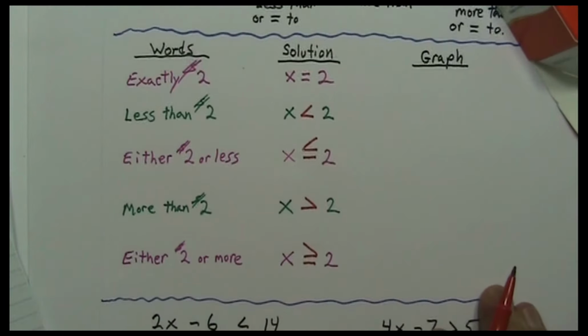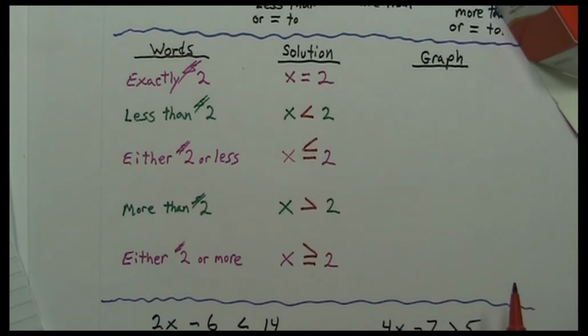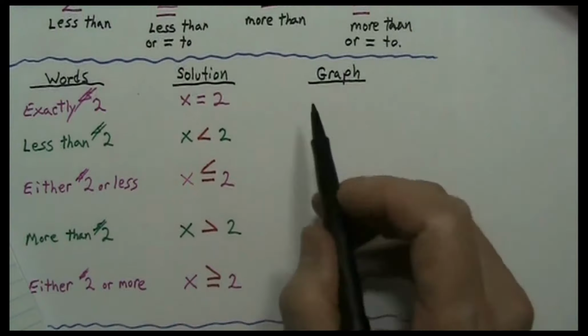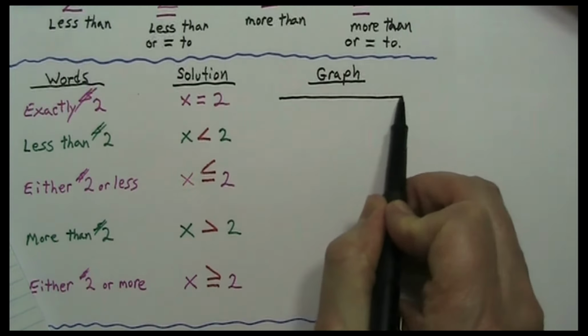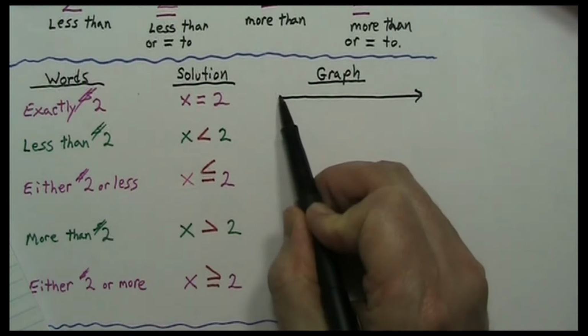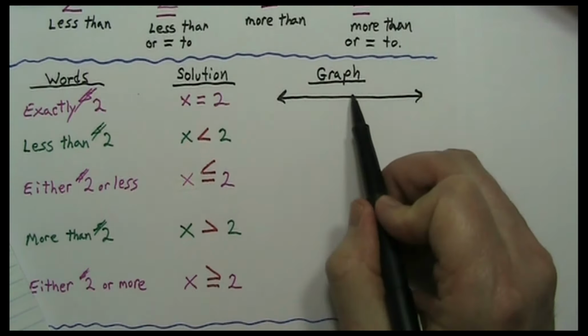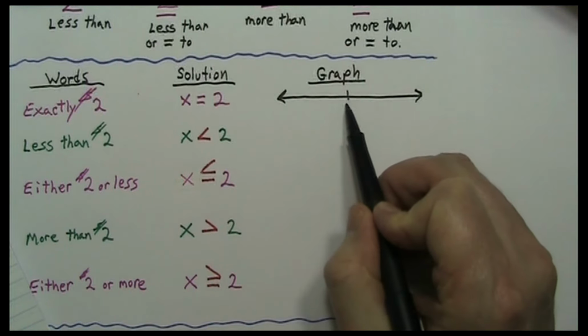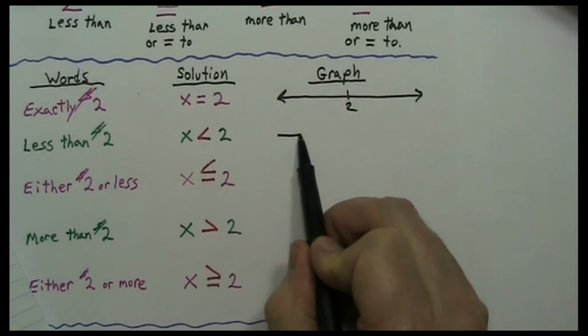Okay, so we did that. Now let's just show a little graph to the side. This gets very simple. You probably have lines in your paper to use. I don't, but so let's see. For each one of these, put arrows at the end. And we're going to just put the number 2 in the middle. Like that. And I'm going to repeat that for each problem.